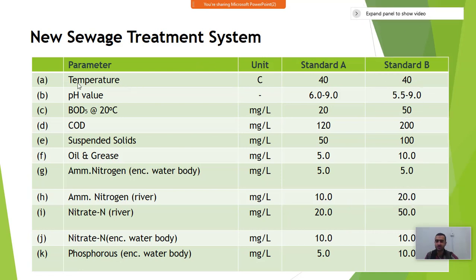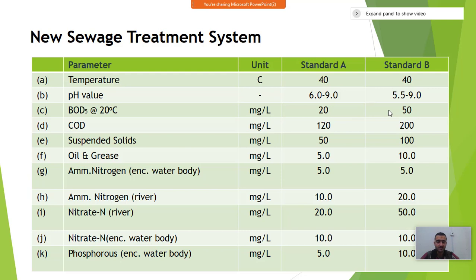For each parameter here we have the temperature, the pH, the BOD, the COD. So here are the conditions or the regulation for discharge of wastewater following standard A and following standard B. You can see that, for example, for BOD, following standard A, the BOD has to be 20 milligram per liter, but for standard B it can go up to 50.